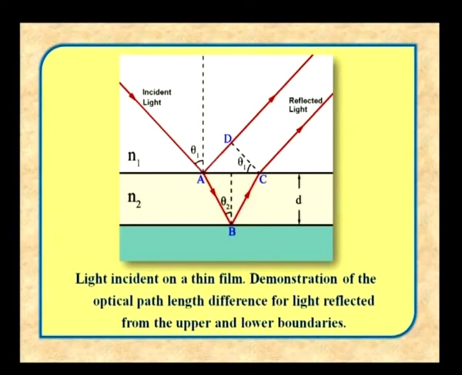Depending upon the condition, if the path difference is an integral multiple of lambda, that will be constructive interference, giving rise to a bright band. If it is an odd multiple of lambda by 2, then the two light beams will interfere destructively.